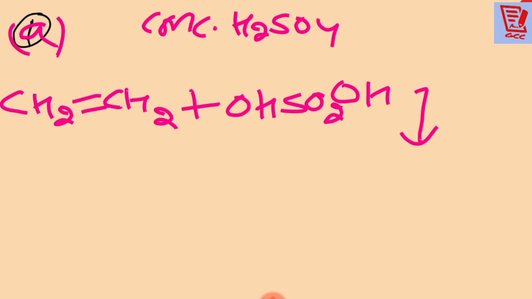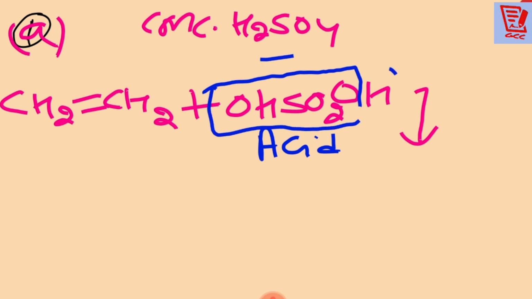You must see, all of you, you might know very well. Now here it is written by the acid catalyzed, by the acid. What is this? This is acid. Okay, and this reaction is usually catalyzed by the acid. So there is a negative charge, and here it is a positive charge.